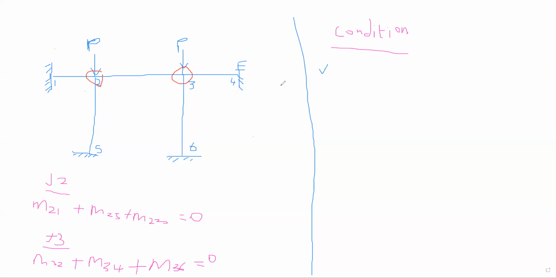When you have no load passing through member 1, 2, we have no load passing through it. But when you take member 2, 5, you have a load passing through it.